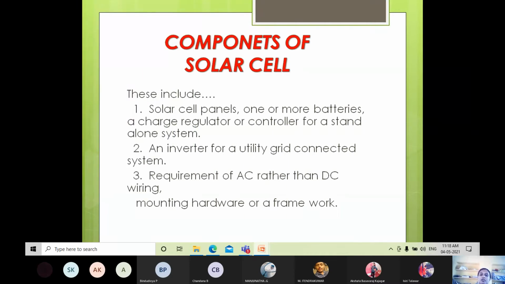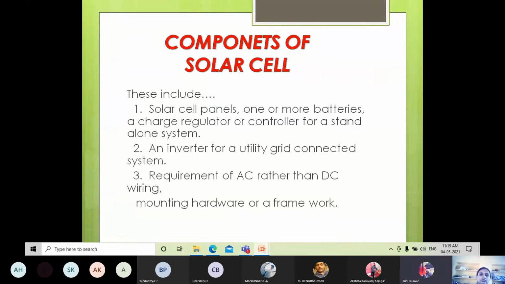What are the components of a solar cell? Can anyone answer? What do you mean by solar cell? In the last class, I told you to read about solar cells. Can anyone answer what a solar cell is?